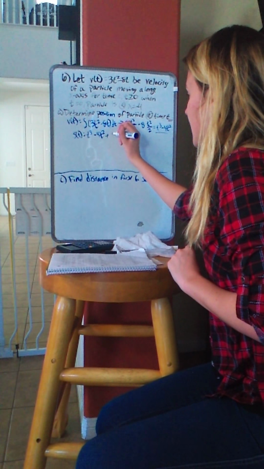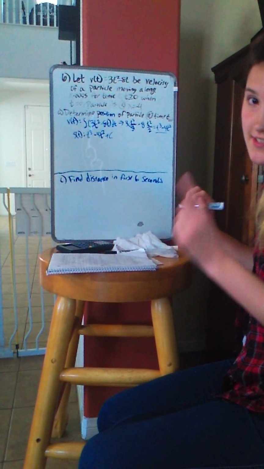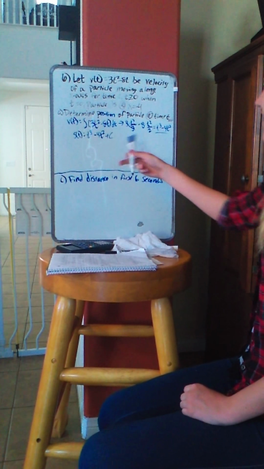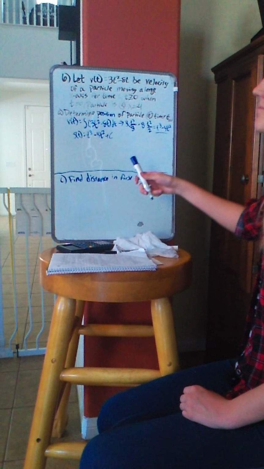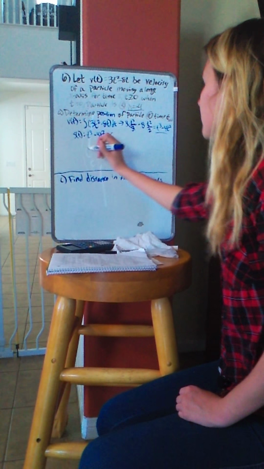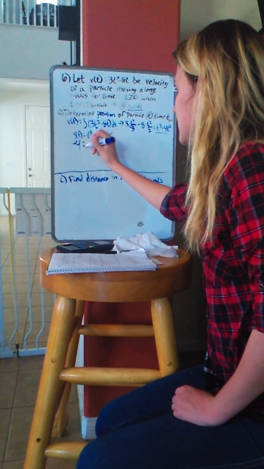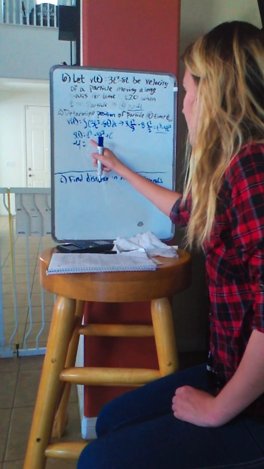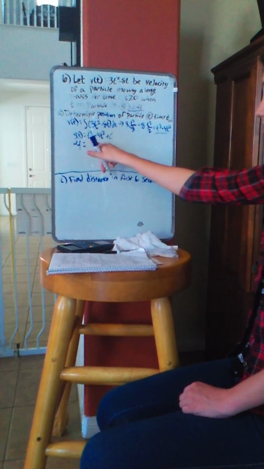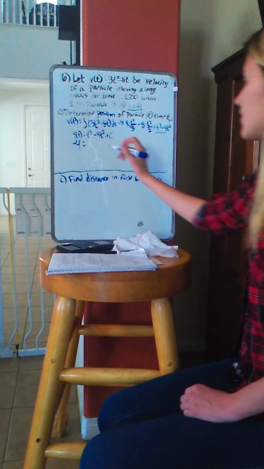Now, plus c, don't forget your constant. And we're going to try to solve for c. They gave us the negative 4 up here. So negative 4 is set equal to t cubed minus 4t squared plus c. And for the t, we're just going to plug in 0.